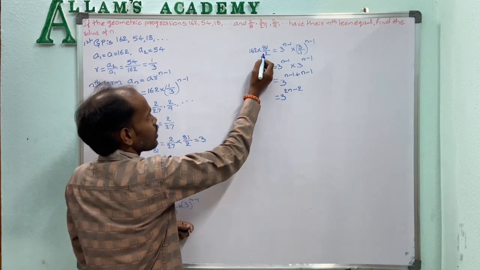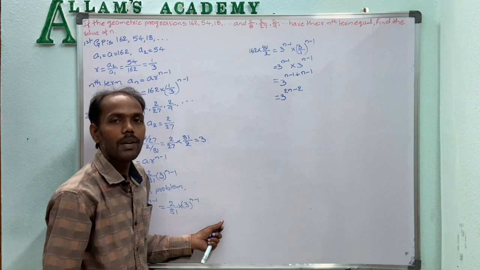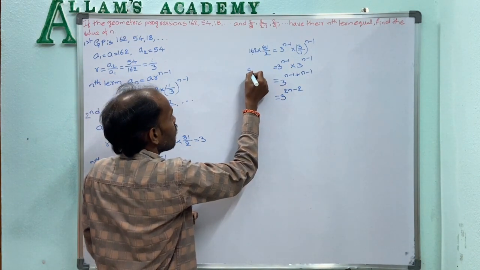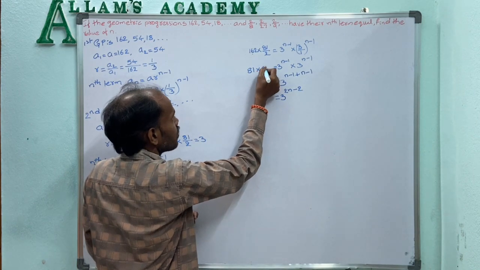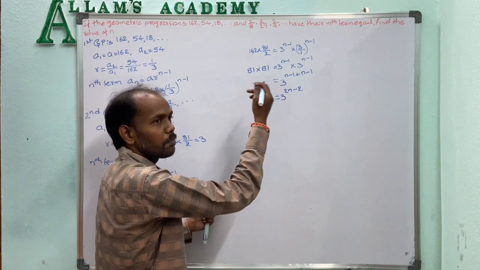Now 162 into 81/2, on simplification, 2 ones are 2 and 2 81s are 162. So 81 into 81. Now 81 can be expressed as 3 power 4.